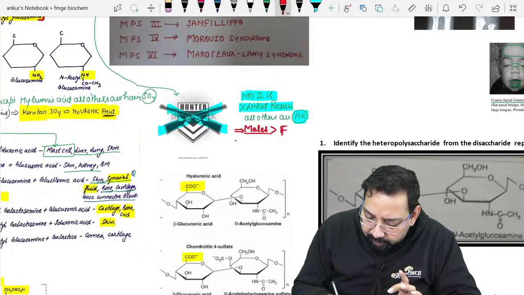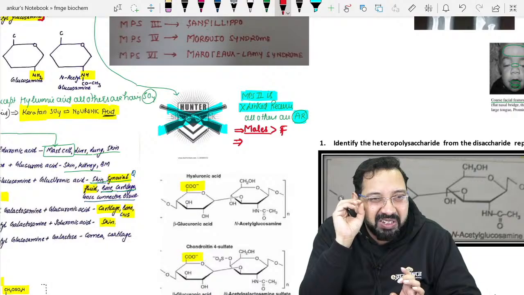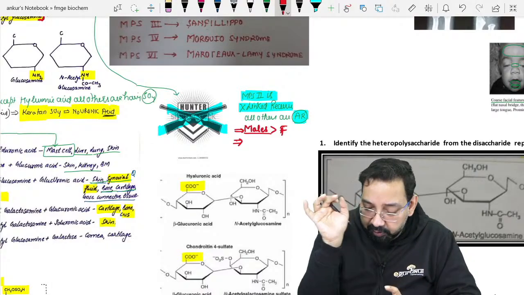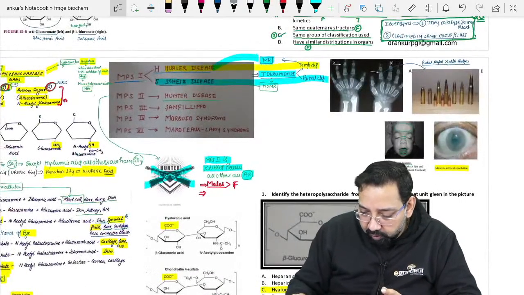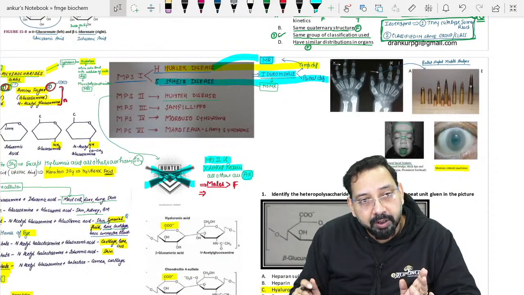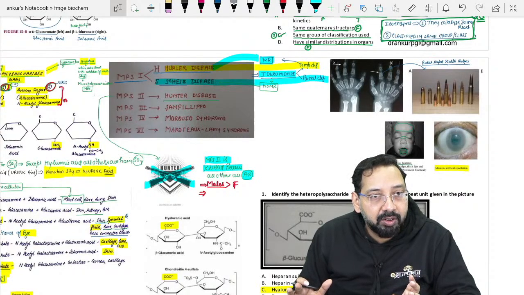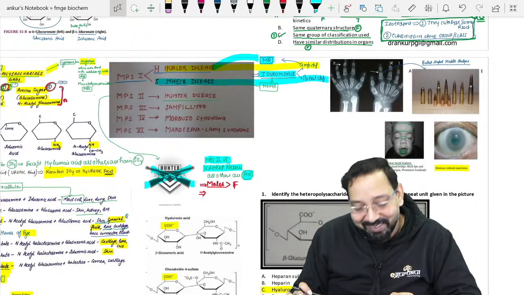And you will find that if you are going hunting and your vision is not clear, yes, I told you most of the mucopolysaccharidoses have corneal opacification. But if you are going to hunt a lion and you do not have good vision, you will not be able to hunt. In fact, you will be hunted by the lion.